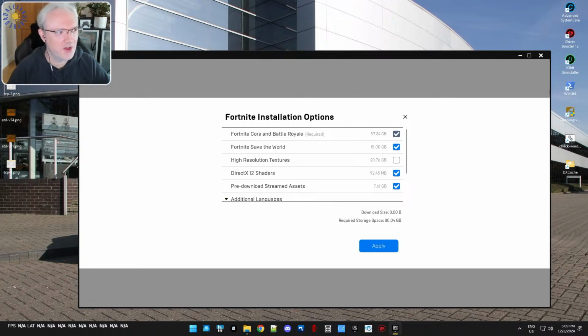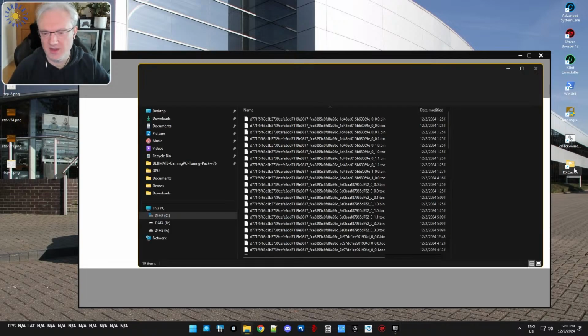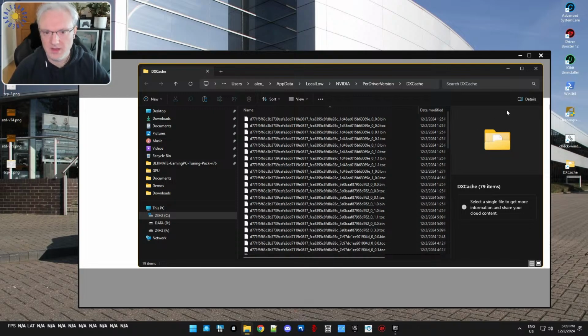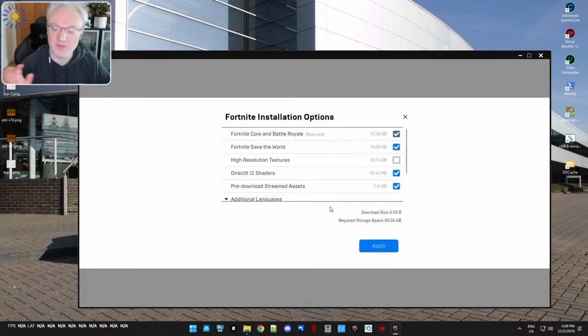So if I clear all my shader cache out, all these, and then I play performance mode, 2 or 3 games, I'm going to get loads and loads of FPS drops whilst the shaders recompile. If I play DX12 straight after cleaning out all the shader cache, it's totally smooth. There are no drops at all. And I think it's because of these. I think these are both only for DX12.